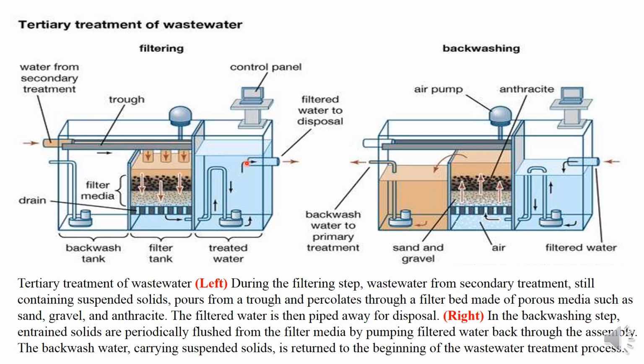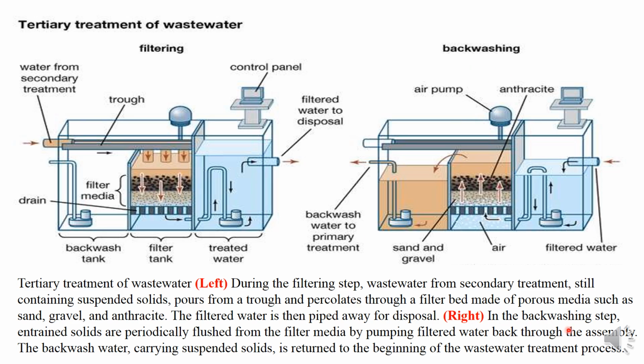From here, this water is further sent for its disposal. And here is a control panel which controls the amount of water which has to be removed. Sometimes, without sending the water forward, some of the wastewater is sent back. That is the backwashing.